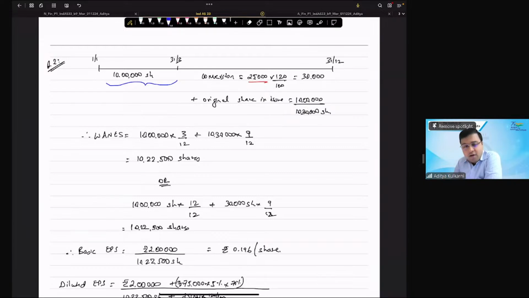So therefore, for these 3 months, can I say that these 25,000 shares were potentially convertible? Conversion happened on 31st March. Thereafter, it is already there in my basic EPS. But for the period from 1st January to 31st March, can I say that these shares were present in the capital structure as potentially convertible shares? Yes, sir.